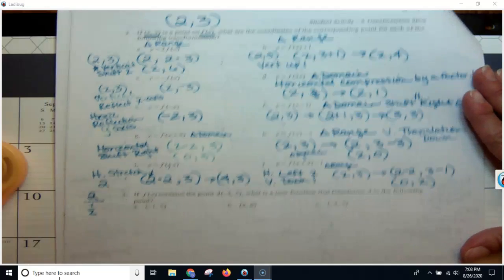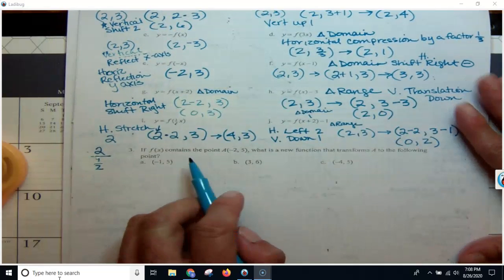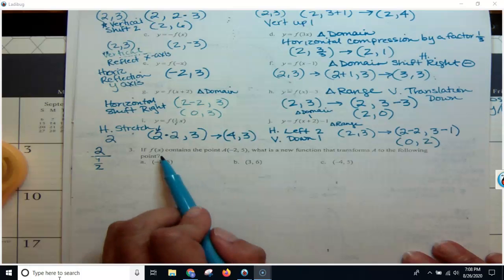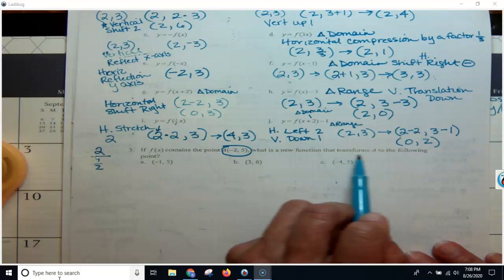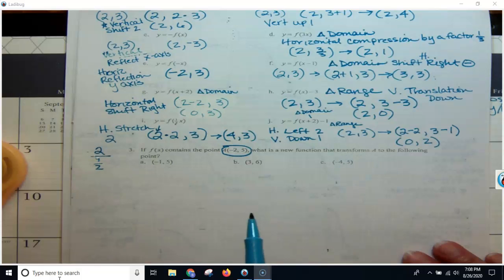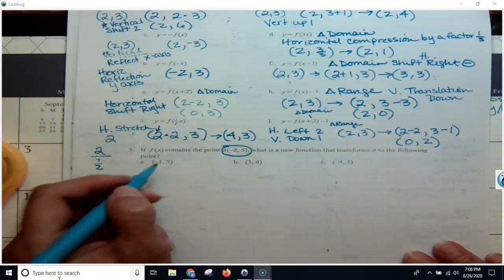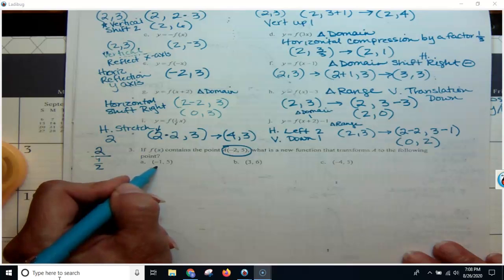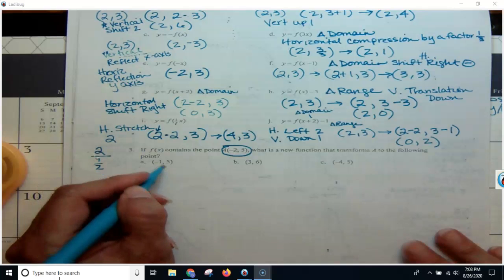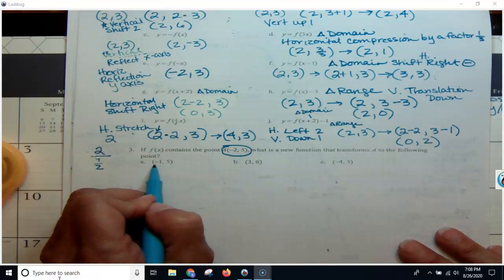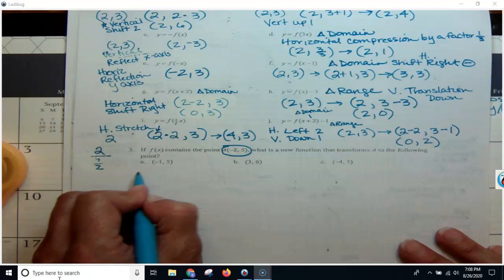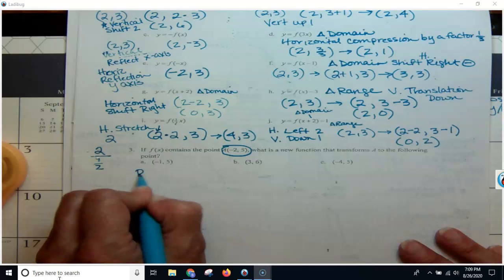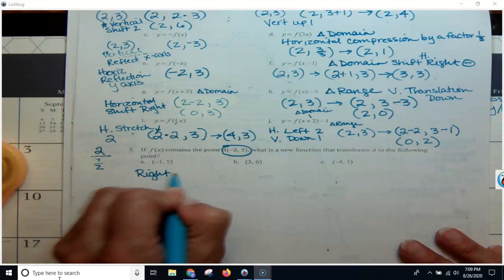Moving on, and this is the very last bit. This has been an intense one, but it's important. So f of x contains the point -2, 5. What is a new function that transforms it to the following point? Well, what's happened is this: if I take -2 and go to -1, to get there I had to move from -2 to -1, which is to the right by 1.